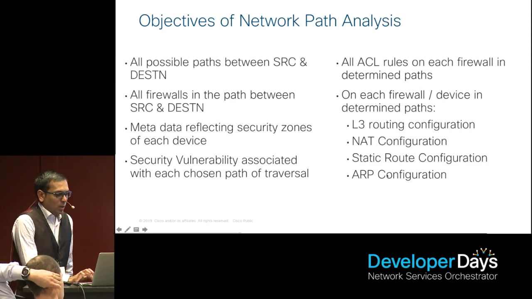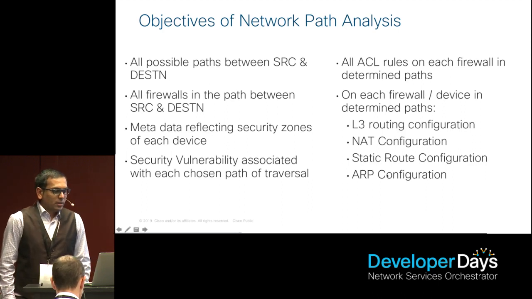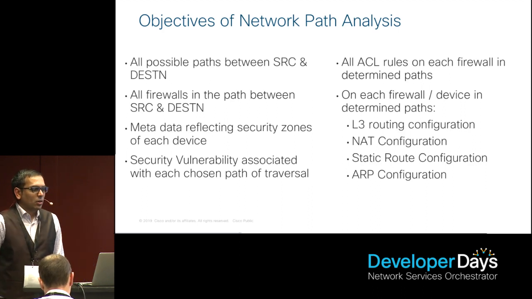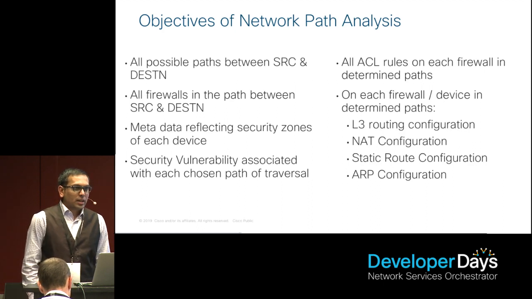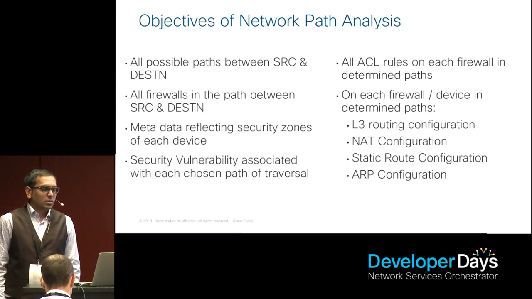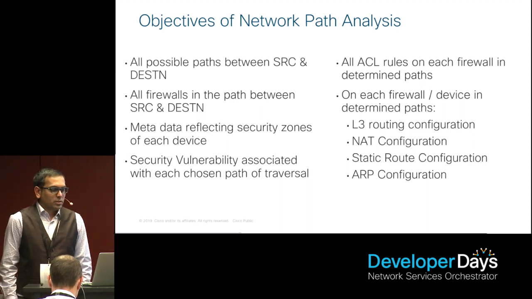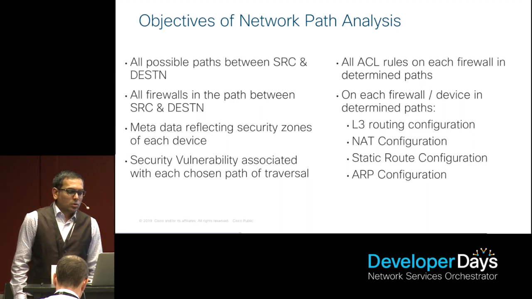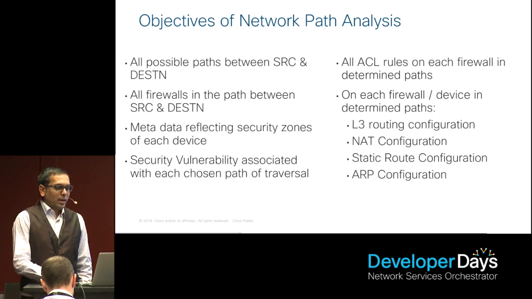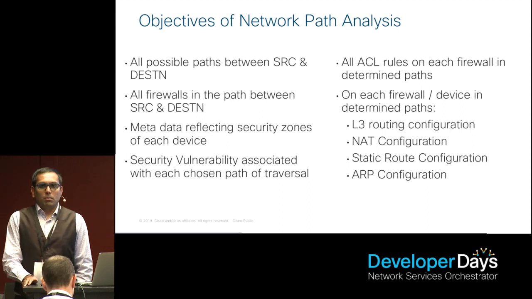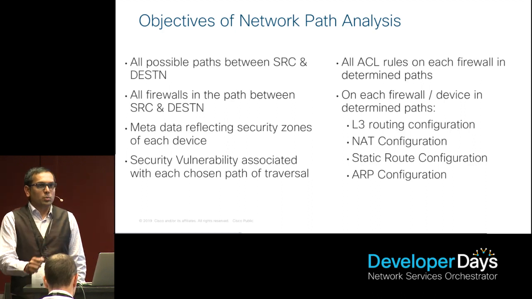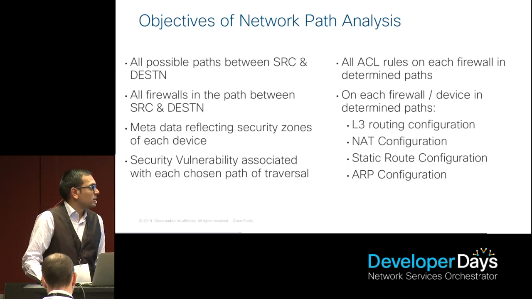So we can query the metadata reflecting the security zones of each device, identify the security vulnerability associated with each path of traversal, and determine the ACL rules that are placed on all the firewalls in the determined path. Additionally, also get the L3 routing, NAT, static route, and ARP configuration. So we would have device config templates within NSO for each of these aspects listed here.